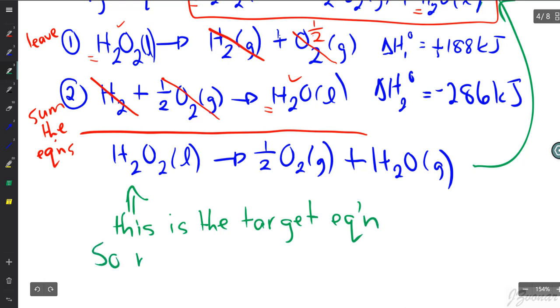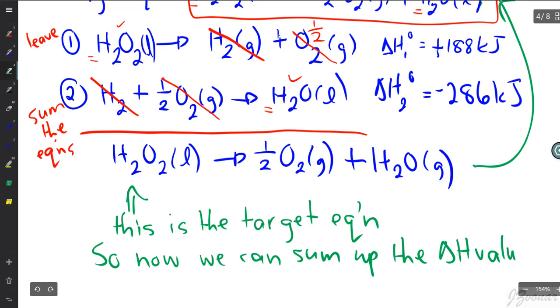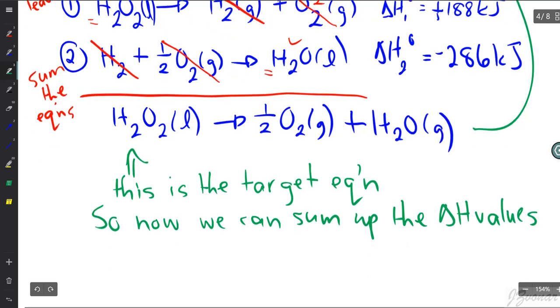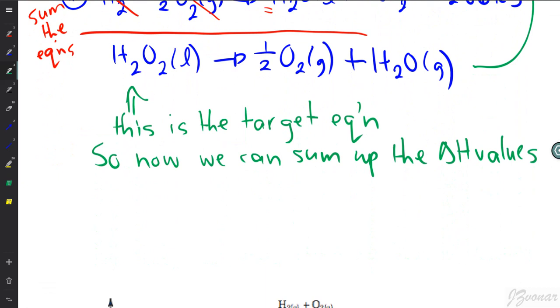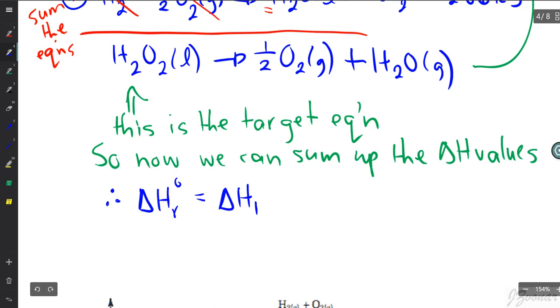So now we can sum up the delta H values from the two equations. So delta H for this particular reaction is delta H1 plus delta H2, and that is going to give me the delta H for this particular reaction.